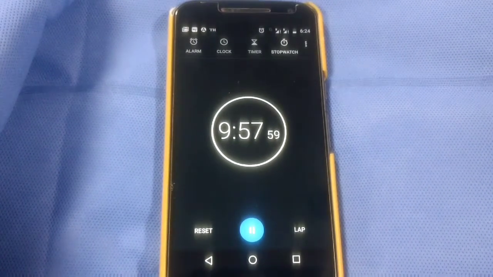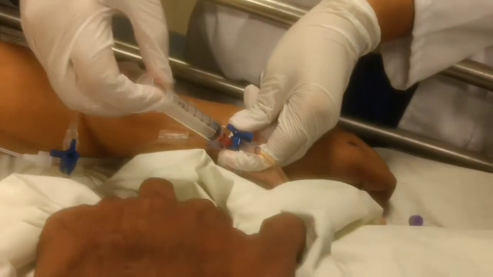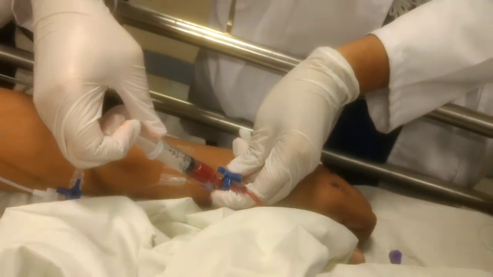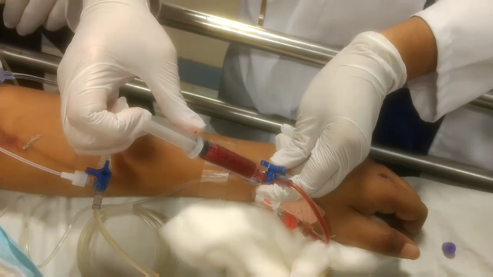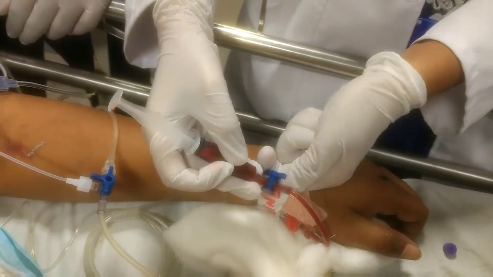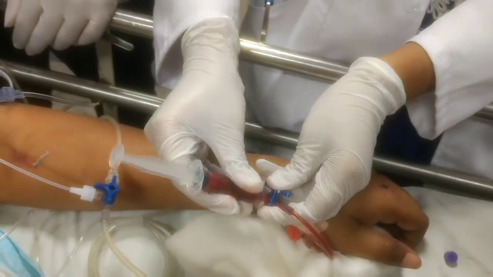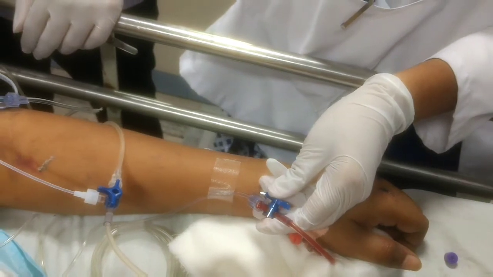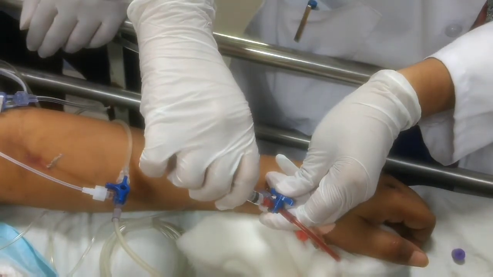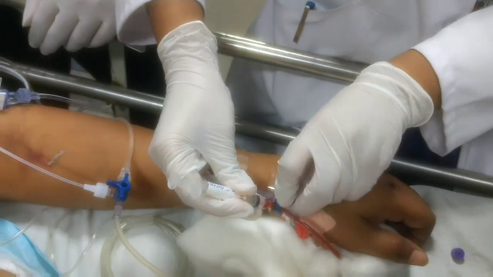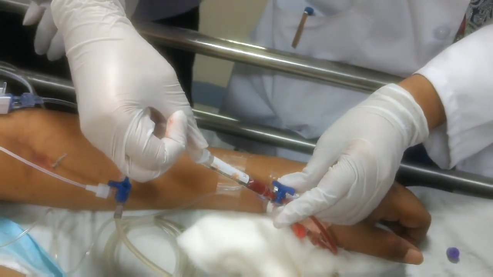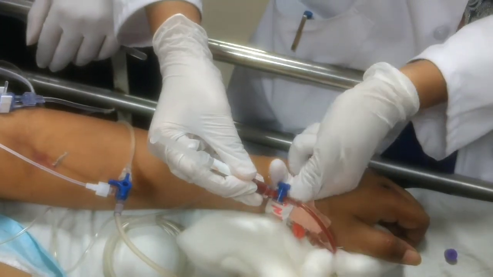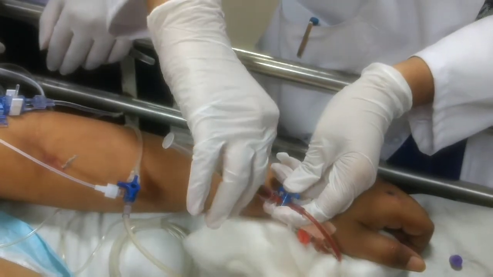Now the 10 minutes is over. You are collecting the second post-test ABG sample. This is the post-test ABG sample.